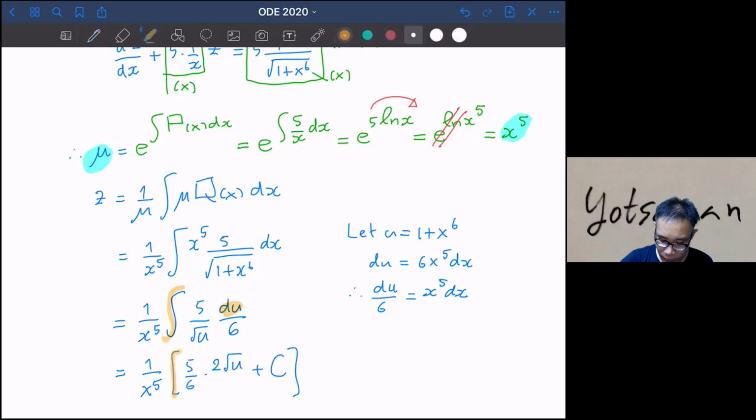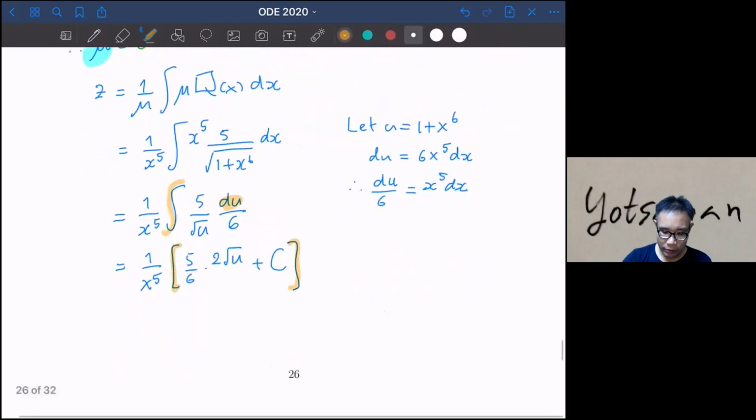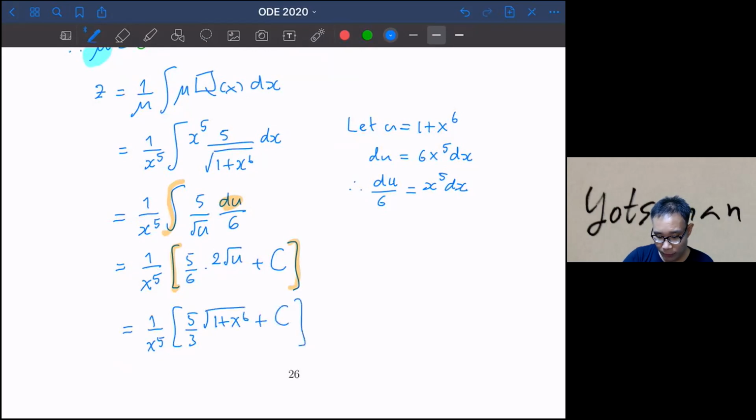This will be the parentheses for the integral that I told you before. For the final answer, you have 1 over x to the fifth times 5 over 3 square root of 1 plus x to the sixth plus c.